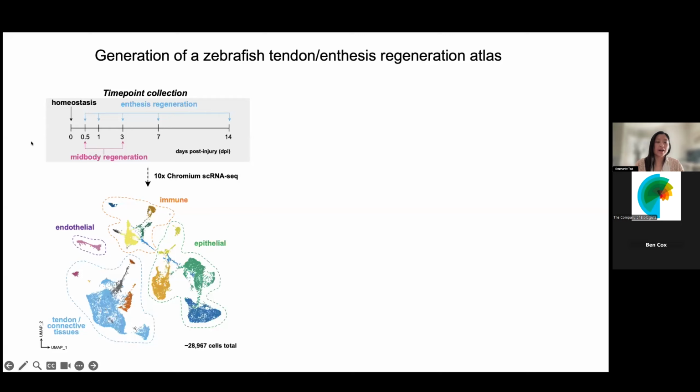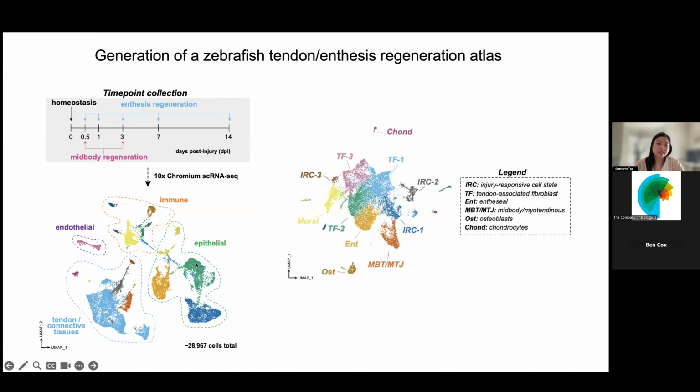And so I performed single cell RNA sequencing during homeostasis, as well as during various time points during regeneration of the enthesis and mid-body. We were able to recover many different cell types, including tendon and connective tissue clusters, which I'll focus on here today. I was really happy to see that when I subclustered these cells, I saw a nice molecularly distinct population of enthesial cells separated from mid-body and myotendinous junctional cells.